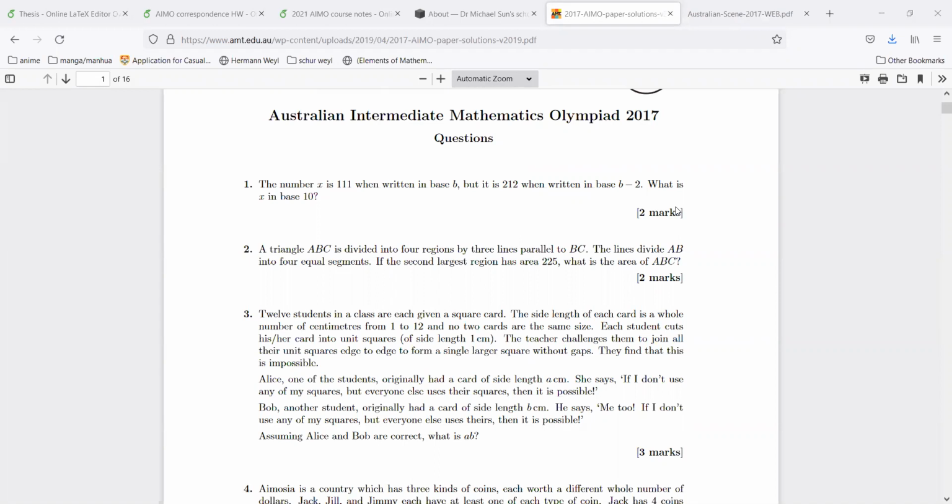Yeah, b minus 2. We have to find x in base 10. Okay, so let's just unpack what we know. So we have x is equal to 111 in base b.